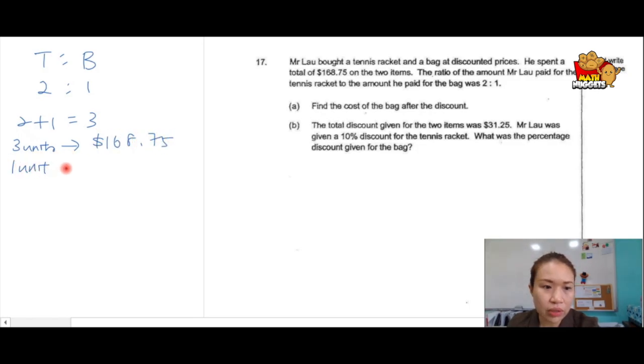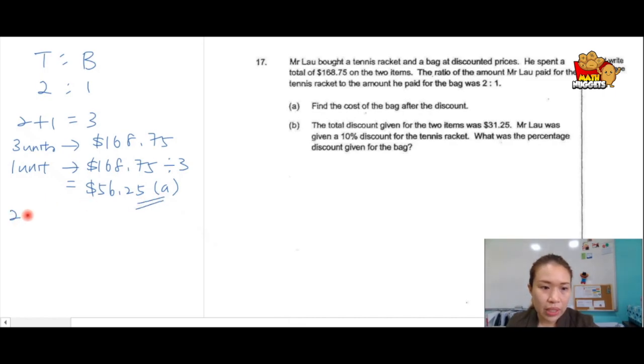We want to find the cost of the bag. The bag was 1 unit, right? So you simply need to take 168.75 divided by 3. You find the cost of the bag, which is $56.25. That's the answer for part A.